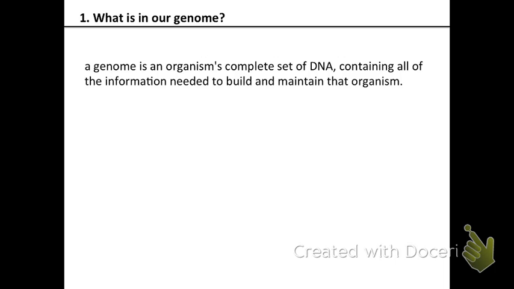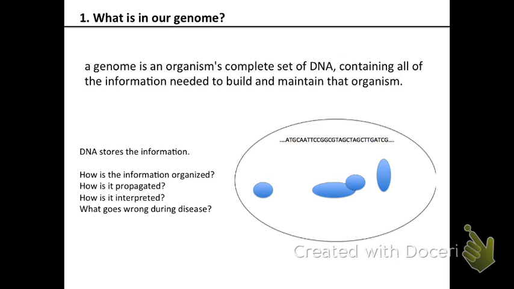I'm going to get back to this information over and over again, because you can think of DNA as the molecule that is storing the information in your cell. It has all the information necessary to make all the proteins and the functional products at the right time and the right place, etc.